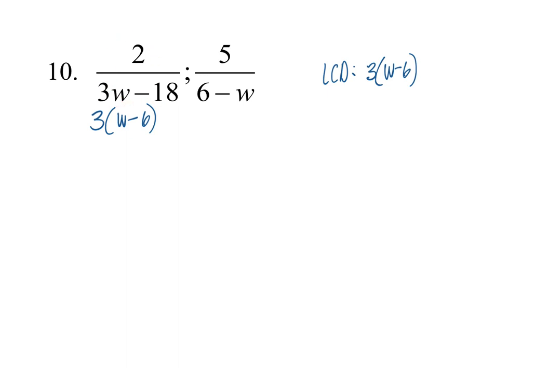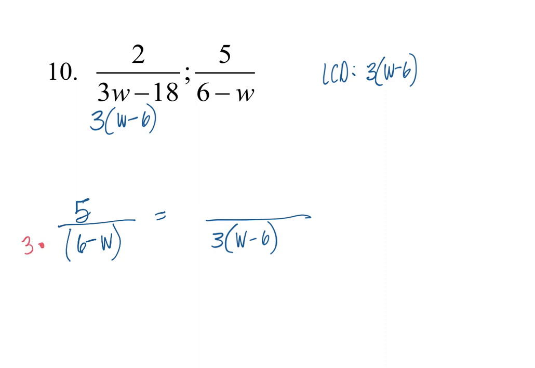The only thing I need to worry about is the 5 over the 6 minus w. And how would I make it have a denominator of 3 times w minus 6? Well, of course, I do need to multiply by 3 because it's missing a 3.